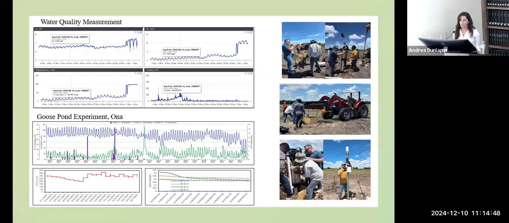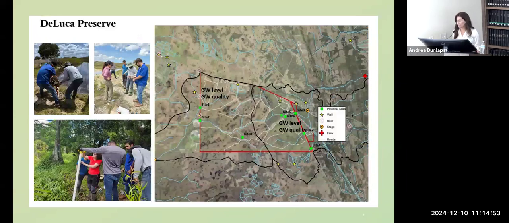And these are some screenshots of the data that we are excited about and wanted to share with you. In the Lupa Preserve, we installed 8 wells or stations to measure the water level and water quality.